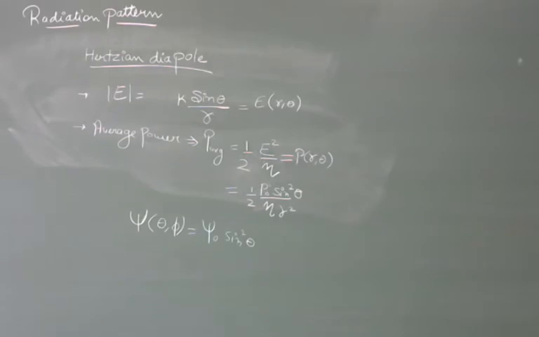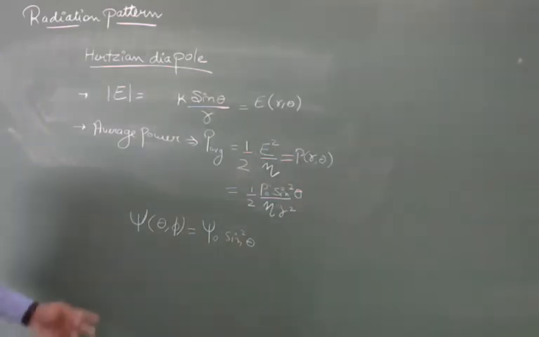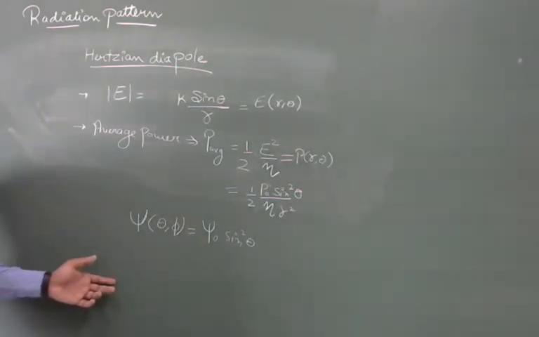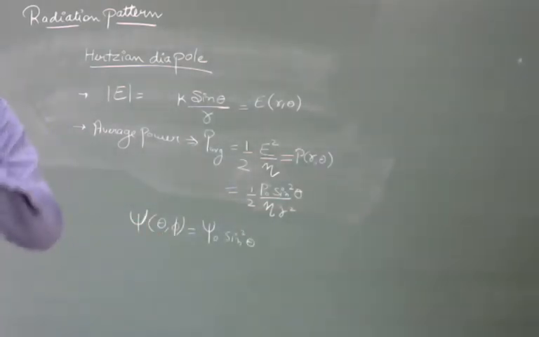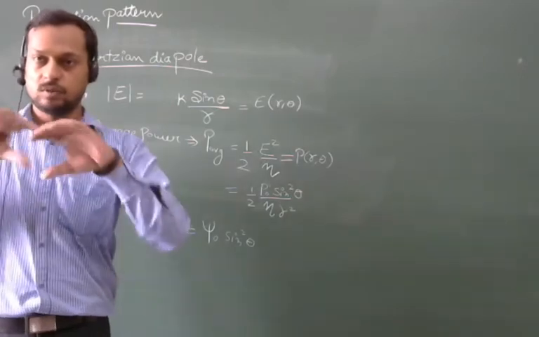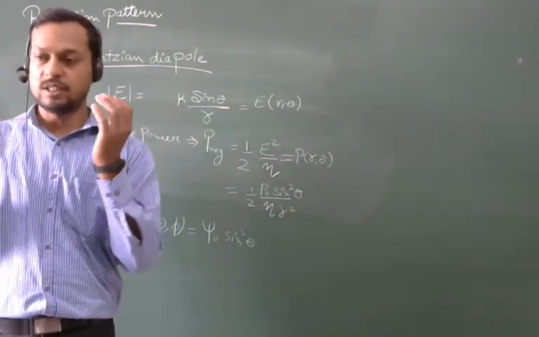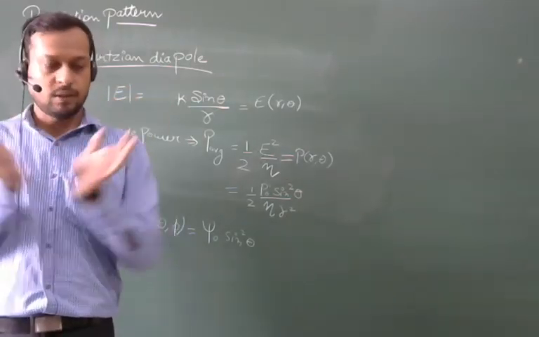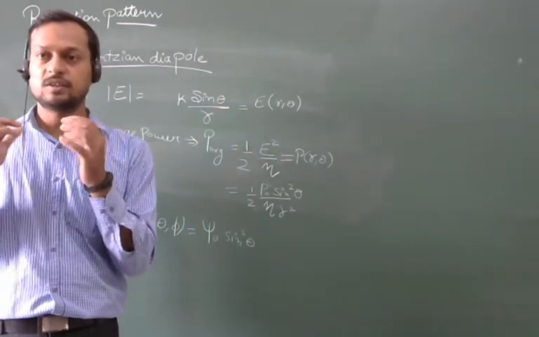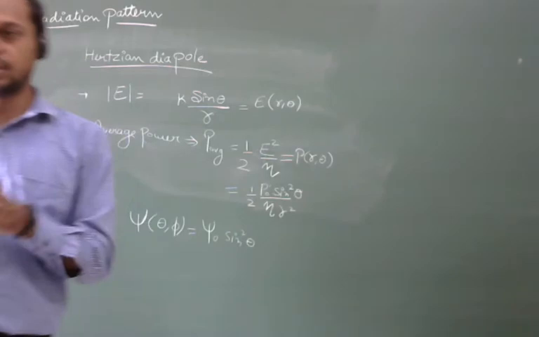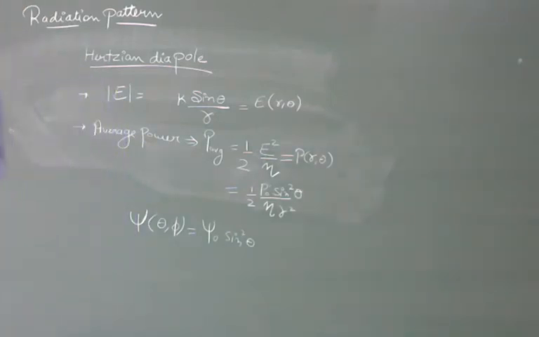So this is a function of sine square theta. Now plotting the vertical plot, if we have a power plot, it will radiate in the direction vertically normal to the given Hertzian dipole. So the shape looks like a donut shape.